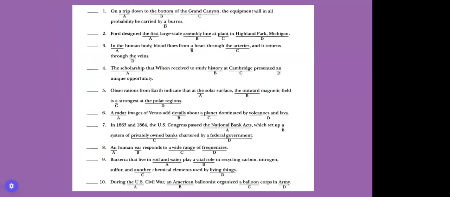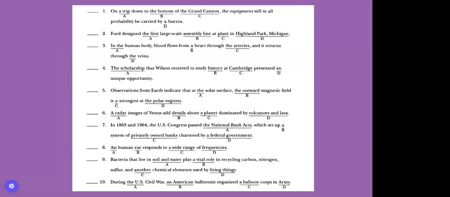Okay, and we're going to finish up with this grammar practice. There are 10 questions, and in each of the questions, there are words or phrases underlined. You need to choose the word or phrase that is incorrect, that should be replaced for something, or that should be eliminated.